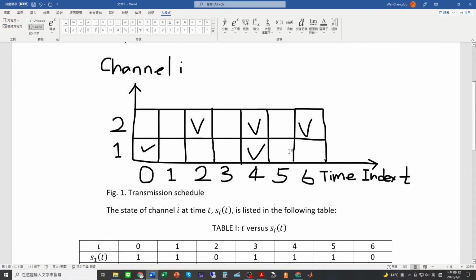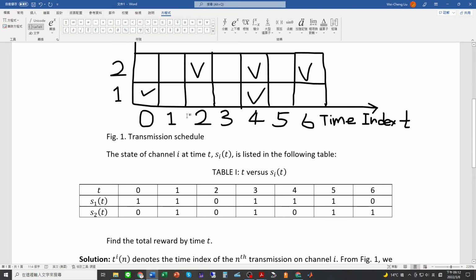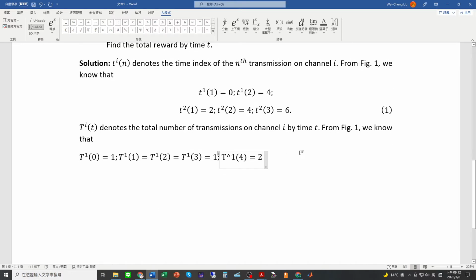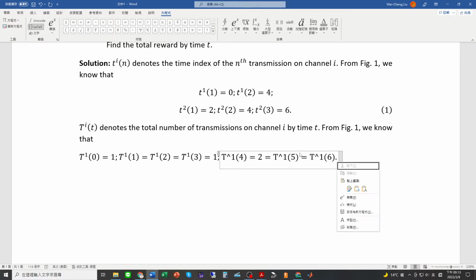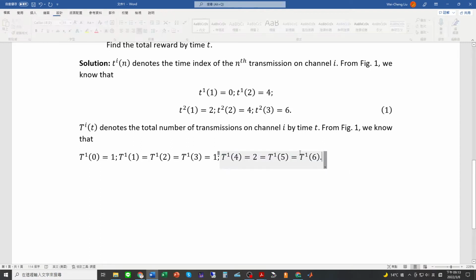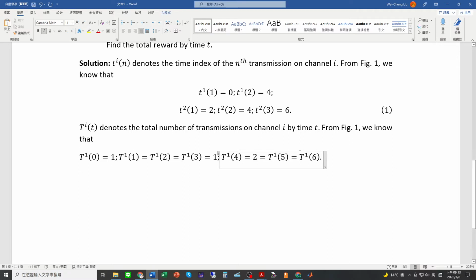And for T1 of 5 and T1 of 6, there are also two transmissions, so they are equal to 2. We call this equation 2.